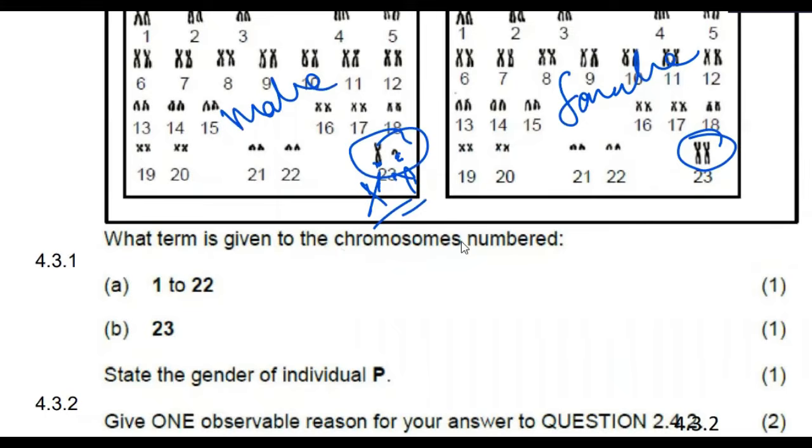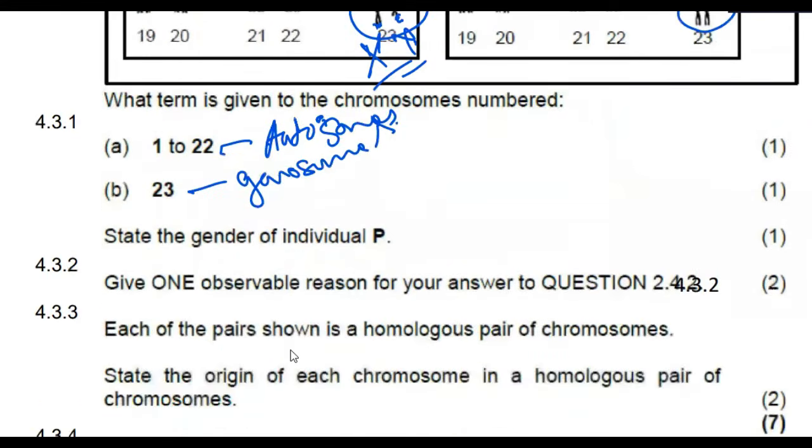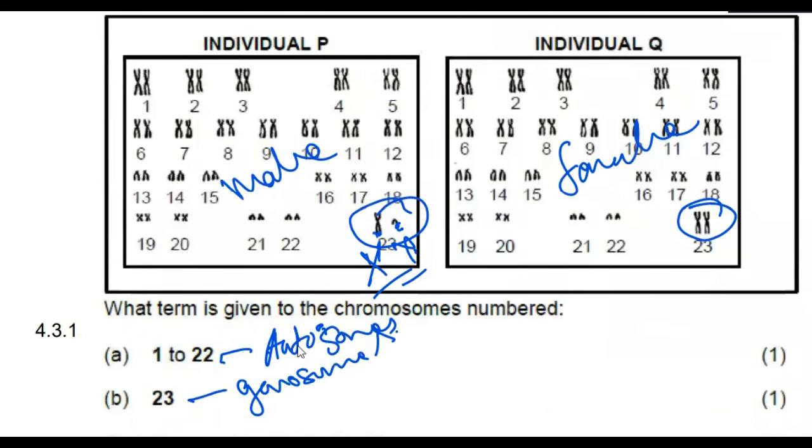What term is given to the chromosome number 1 to 22? They can ask you to describe the structure of a karyotype. You call them autosomes. And then 23, these are gonosomes. Why? These are sex chromosomes. State the gender of P. We have seen it.